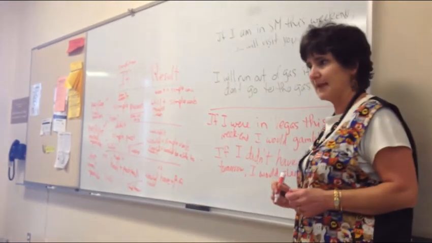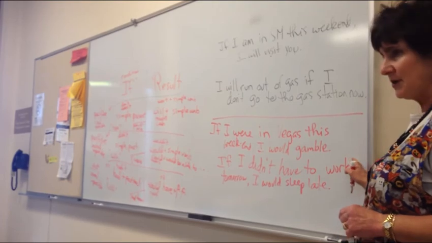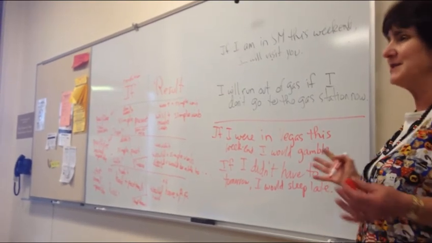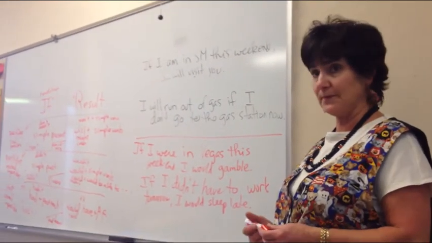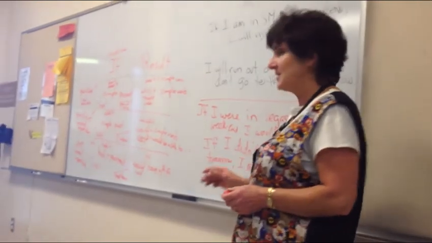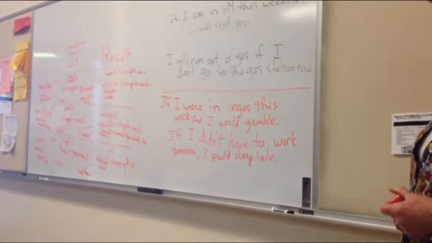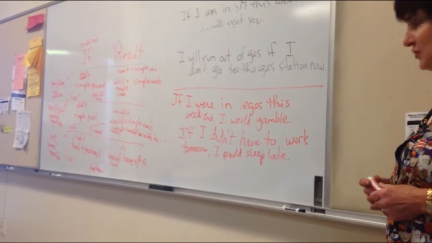Example. I have to work tomorrow. Actually, I don't, but still. If I didn't have to work tomorrow, I would sleep late. I love to sleep late. Okay, that's a number two. I could change this to could. I could sleep late. I would have the ability. So that's a number two.